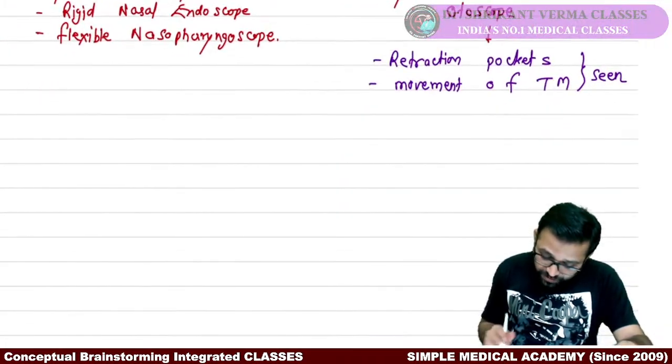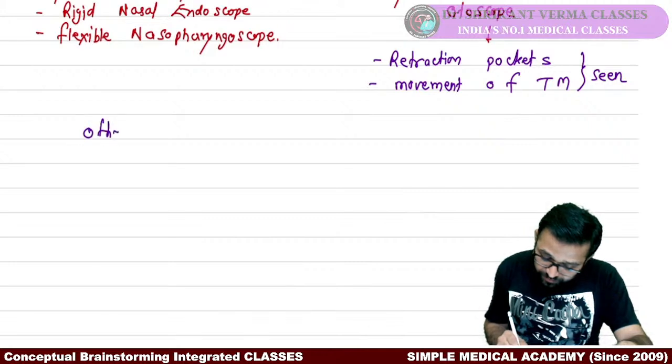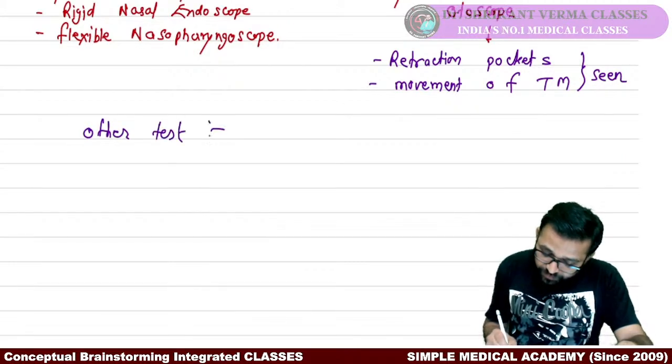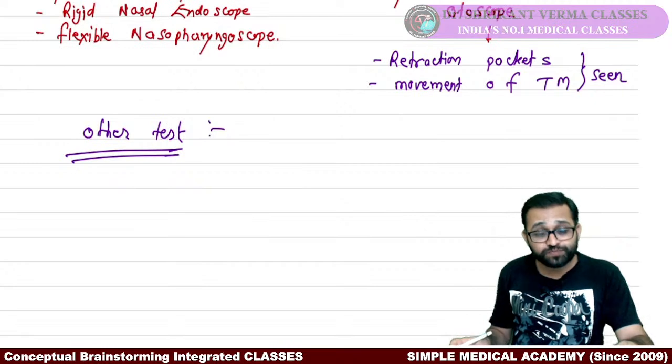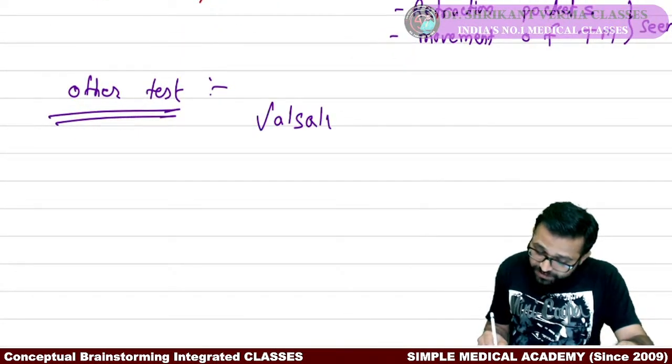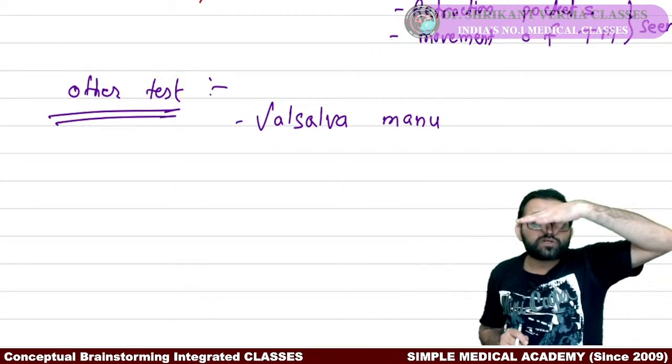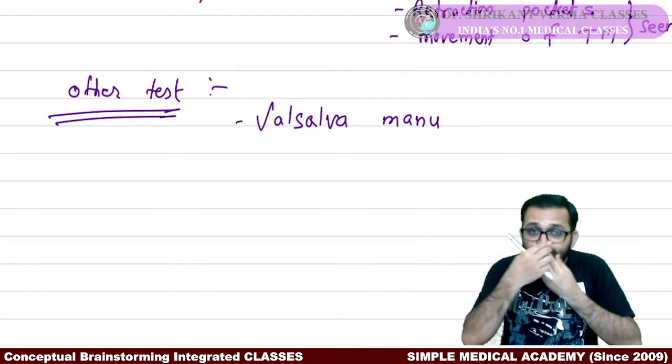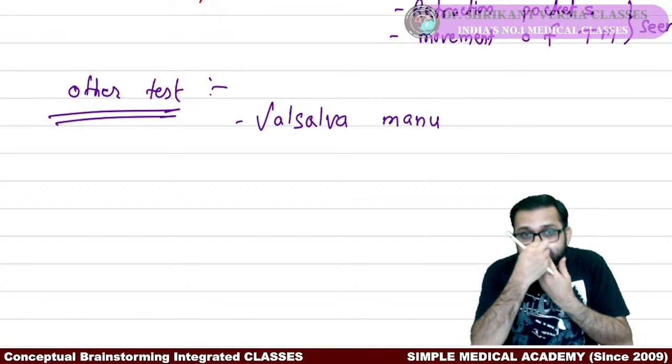Now see here, what are our other tests? What other tests can you do? We had seen in our Eustachian tube test video portion, we will perform the Valsalva maneuver. Yes, we have to close the nose, close the mouth, and then blow.